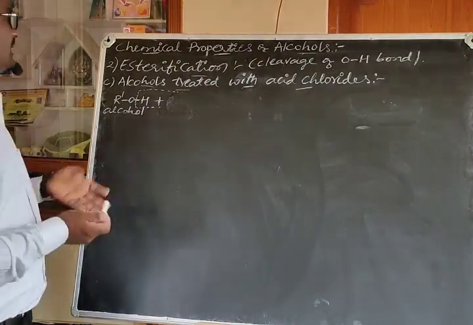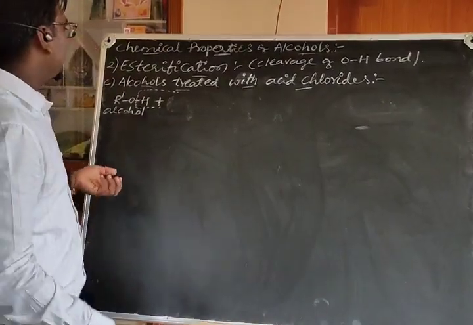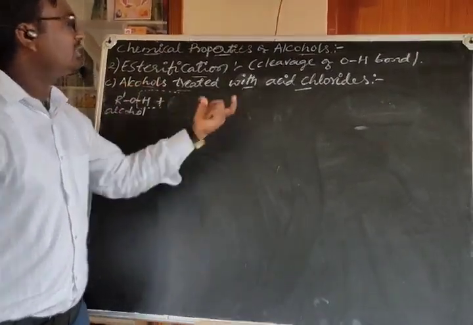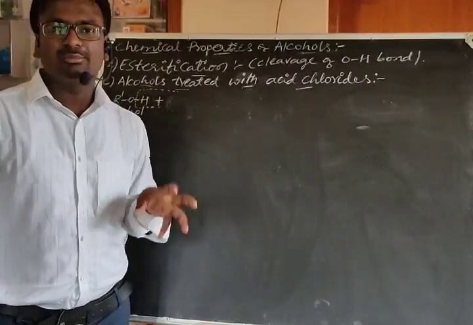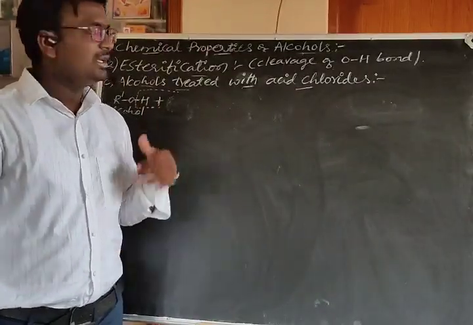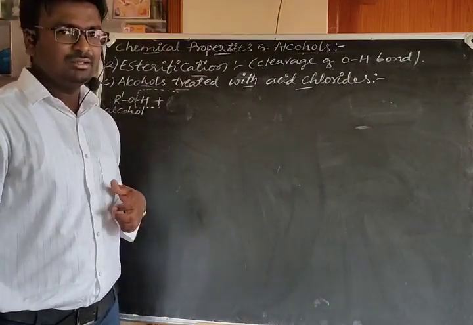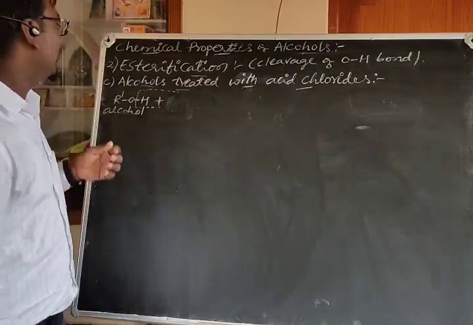Now let us consider the esterification reaction between alcohols and acid chlorides. This reaction takes place in the presence of a base. We use pyridine as a base here. Let's see the general reaction equation.